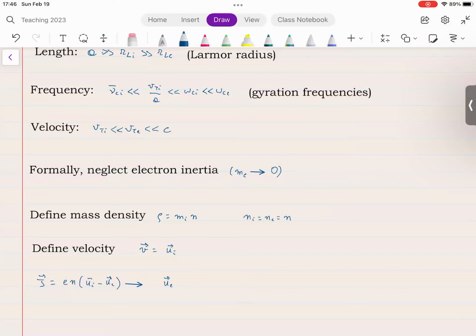This, even if I neglect the information about the electron, tells me that if somehow I can find the plasma current, then since U sub I is equal to V, I can solve this for the velocity of the electrons.